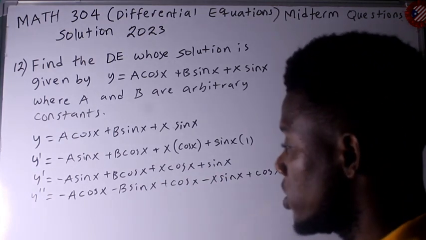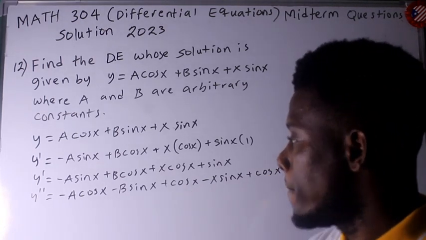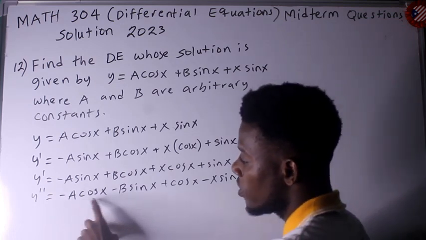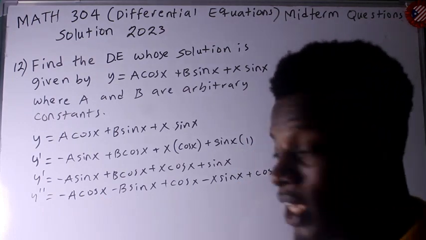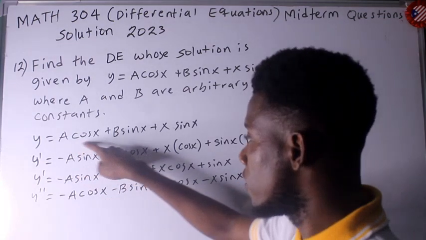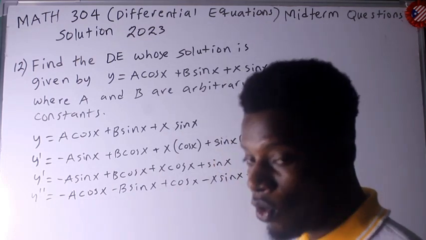Now we are seeing something here that can be added. We have cos x and cos x here, they can be added. But then we have negative a cos x minus b sin x minus x sin x, which is exactly all we had for y, but all of them have negative signs. So I'm going to group all of them.